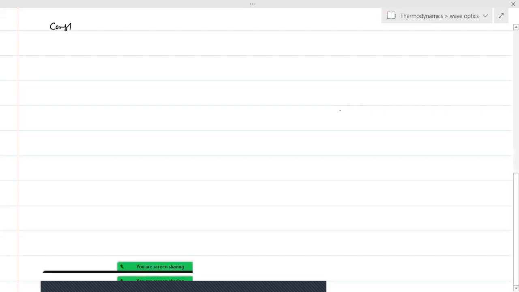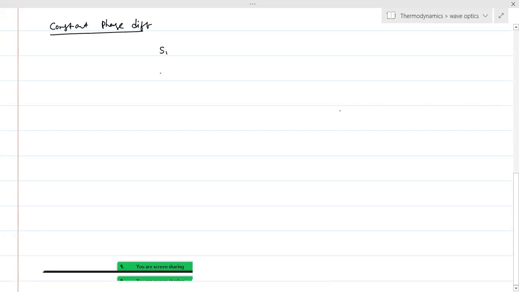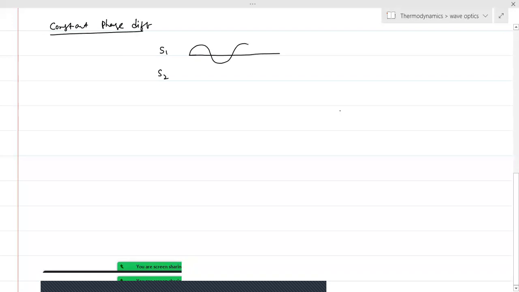Before discussing YDSE, first we will try to understand what a constant phase difference is. Suppose I am taking two sources S1 and S2, and we are discussing the light waves emitted like this. This is one wave and this is another wave.